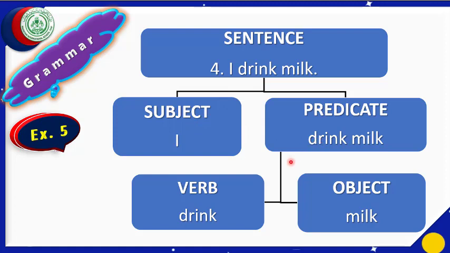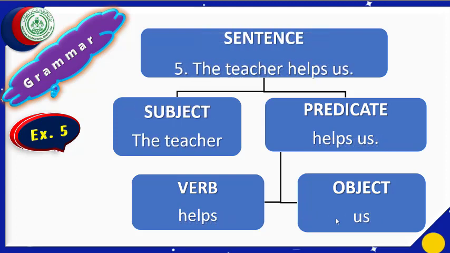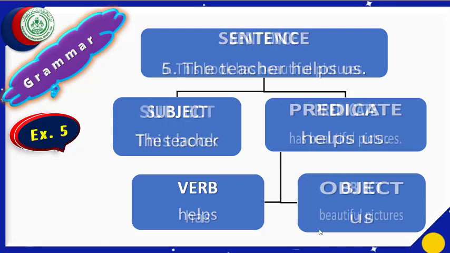If we further break it into verb and object, verb will be drink and the milk will be object. Let us move to the next. In part number 5, the teacher will be the subject, helps us will be the predicate, helps will be verb, and us will be object of this sentence.